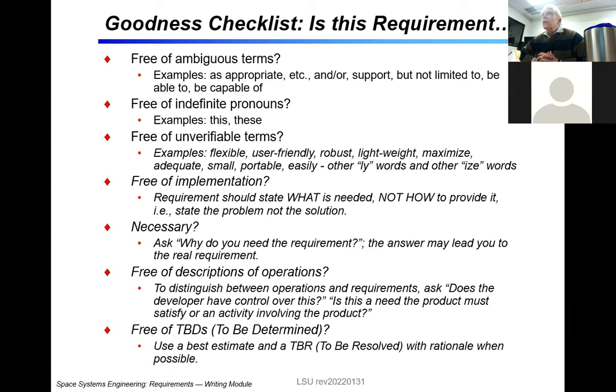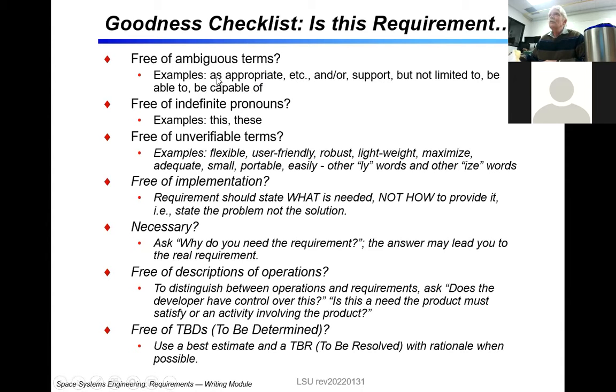All right. Is your requirement free of ambiguous terms? As appropriate, etc. And/or, oh, that's a real ambiguous term. And/or. Support. What the devil is support? But not limited to. No. Be capable of.